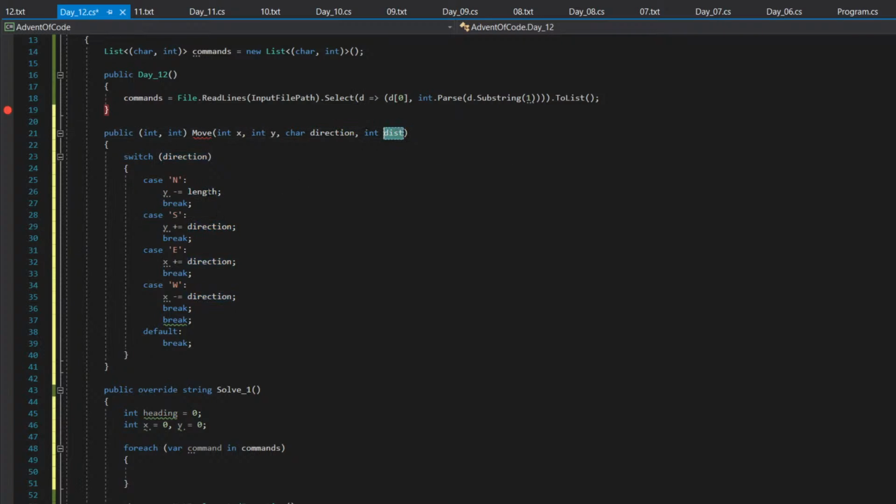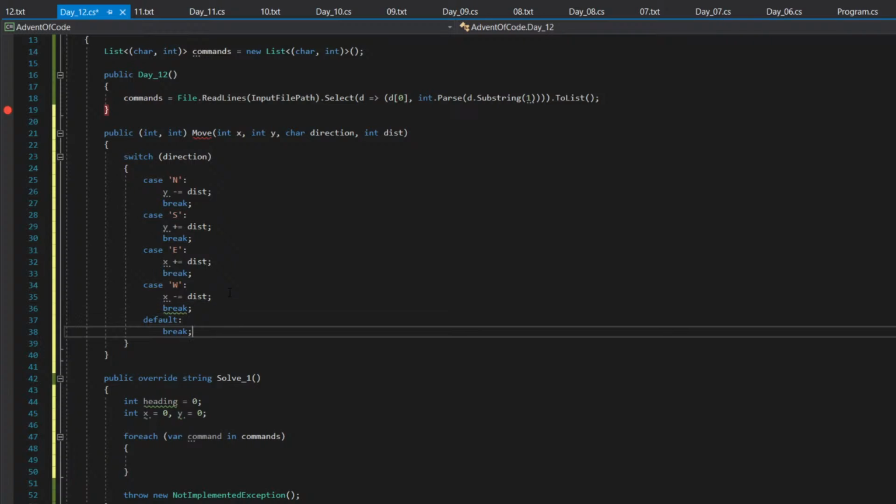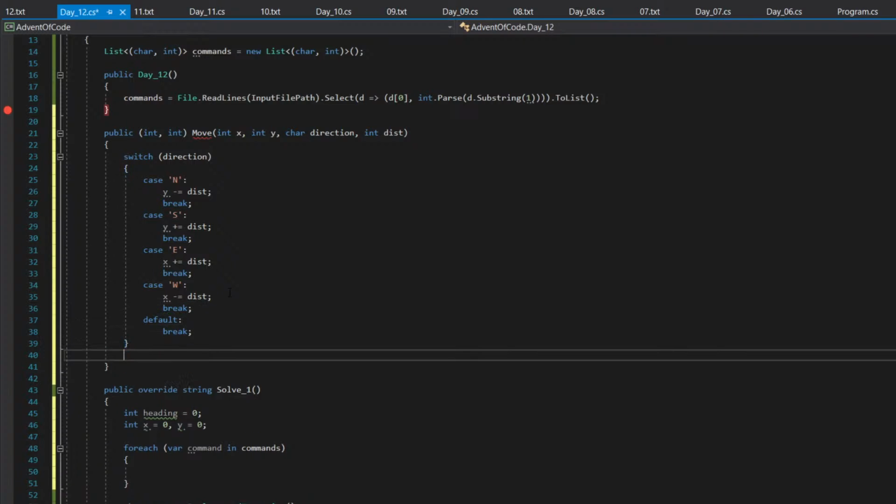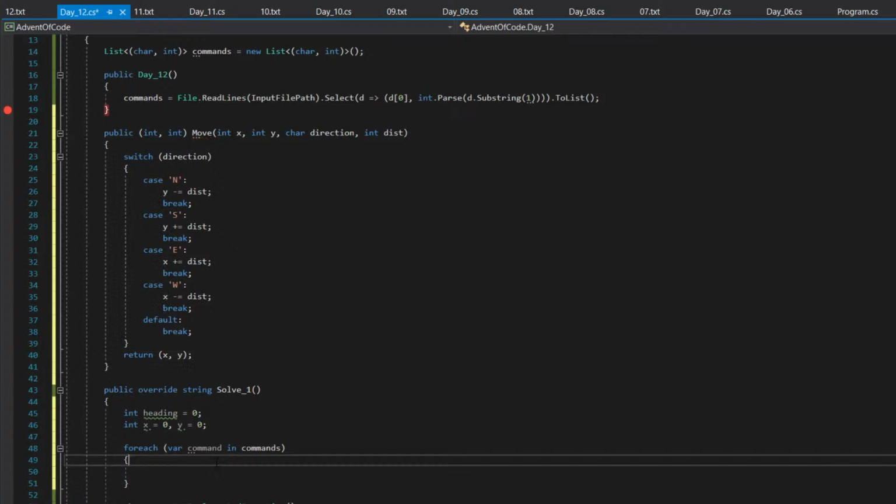Or maybe distance. I guess we call this distance. All right, so that's move direction.